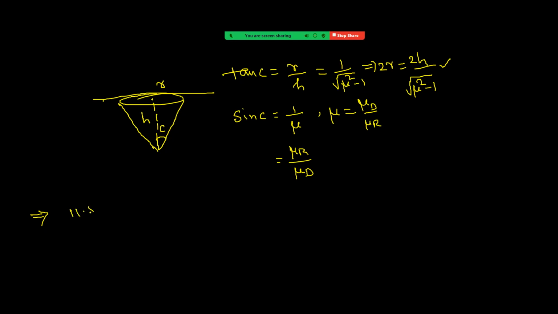Diameter is 11.54 mm, that is equal to 2h, with h value 10 mm, upon square root of mu squared minus 1. Just substituting values in this, mm gets cancelled. Remaining is now the calculation. So from this, see what we are going to get.